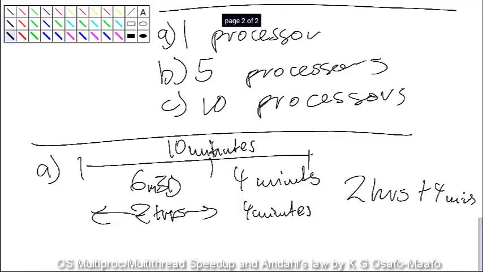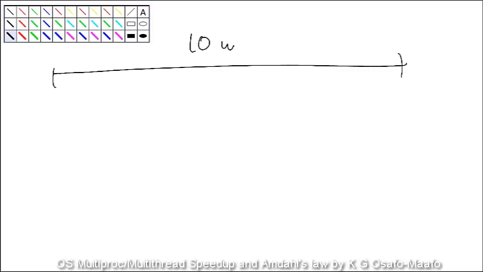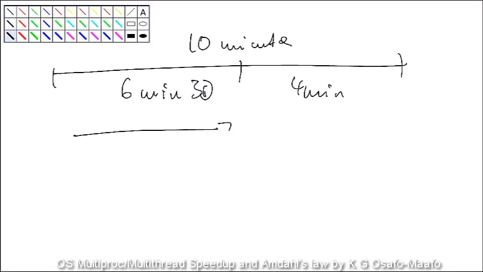What if you had 5 processors? 6 minutes of 3D and 4 minutes of regular. Now remember, if it will take 2 hours for one, then how much time will it take for 5 processes to work on it?